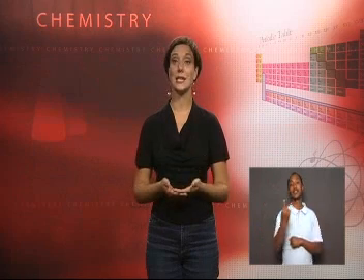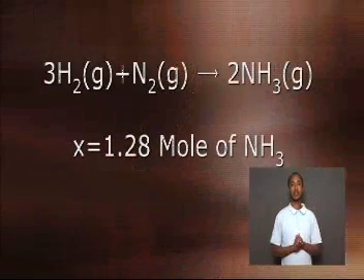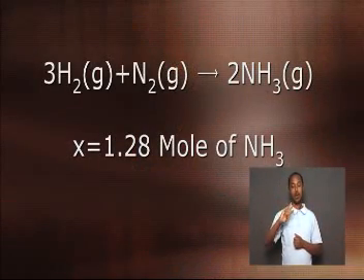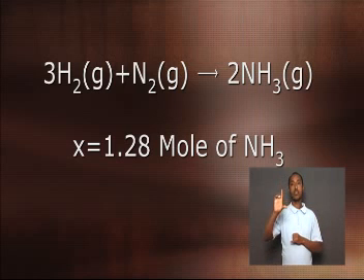Once we have done this, we can calculate the number of moles of product that would be formed by each reactant. The reactant that forms the least amount of product would be our limiting reactant. For hydrogen, we divide our 5 moles of hydrogen by 3 moles because our equation involves 3 moles of hydrogen.